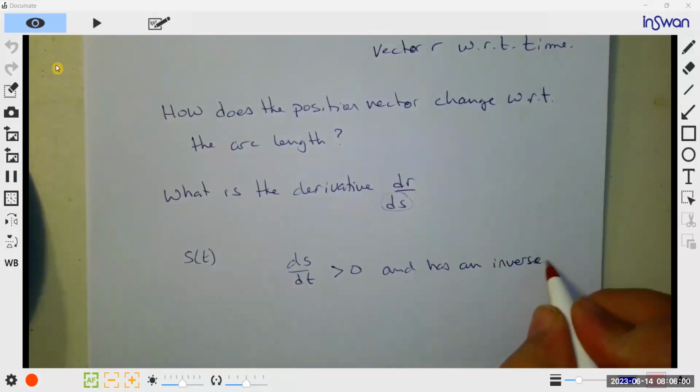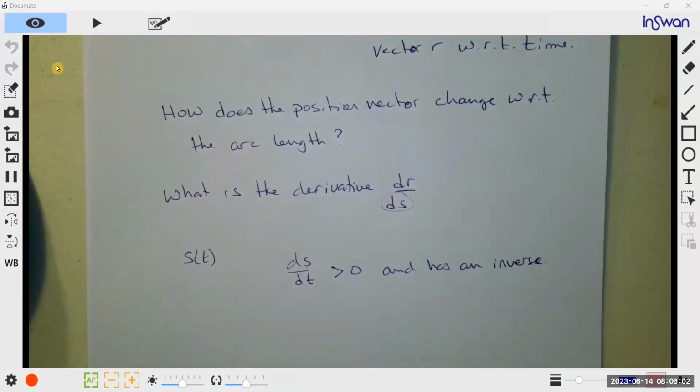Because it's a continuous function, it's differentiable, that means therefore it has an inverse. So which we could find is the inverse is this.